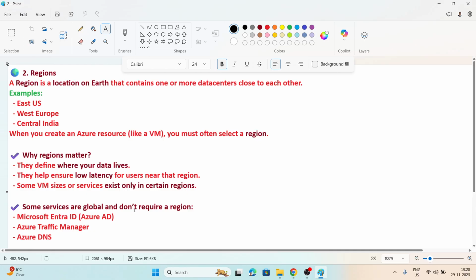And some services are global and don't require a region. Like Microsoft Entra ID, if we create a Microsoft Entra ID, it is not strictly tied to any region. Also Azure Traffic Manager or Azure DNS. So these are the global services.